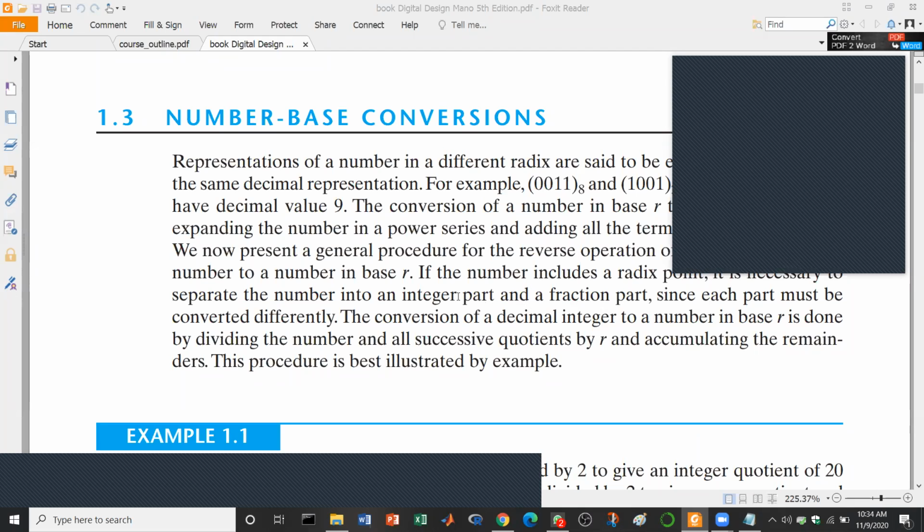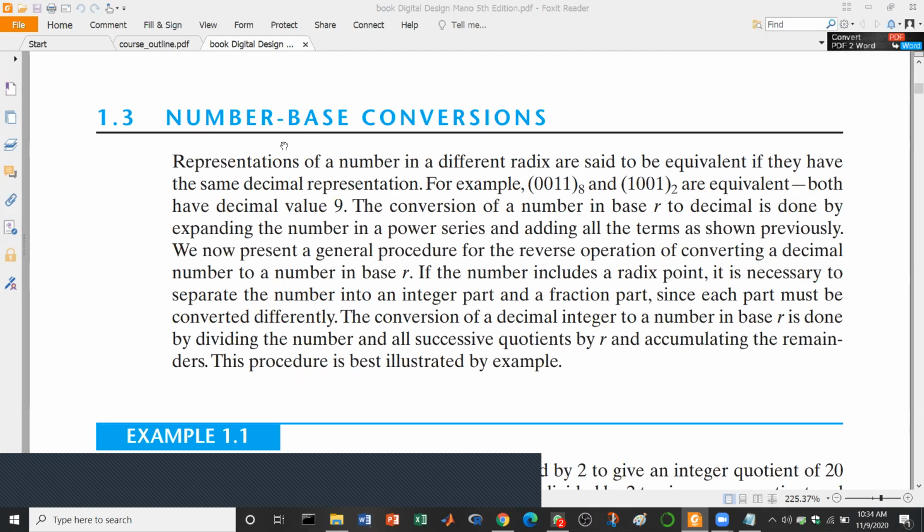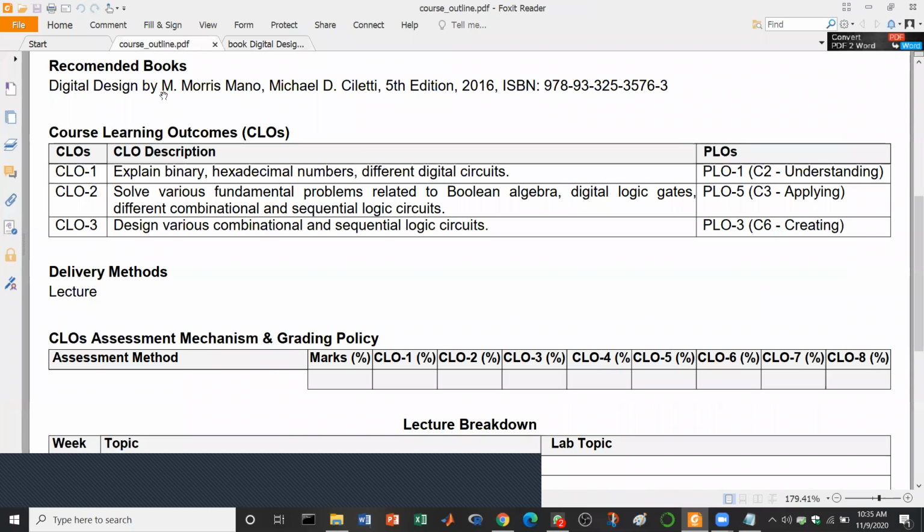Let's start today's session. In this session, we are primarily focused on number-based conversions. We are primarily focusing on the examples given in the book, and we will learn how a base 2 number is converted into base 10, and similarly a base 10 number into base 2. We are focusing on simple examples, and this is related to CLO1.